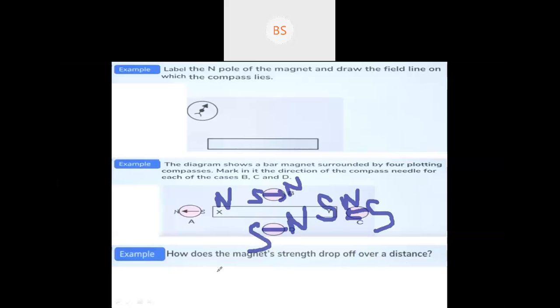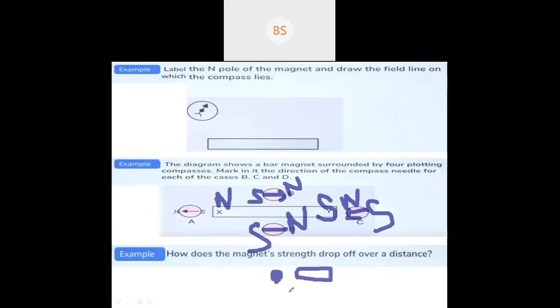Clear about this? The fourth question, the last question: how does the magnet strength drop off over a distance? For example, here is a magnetic material and here a bar magnet. The force of attraction is very strong because it is nearby.